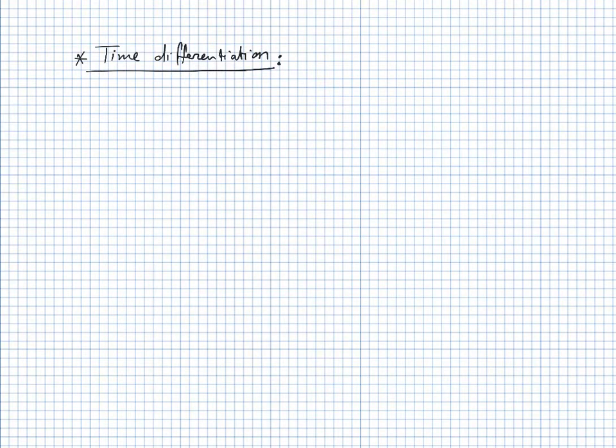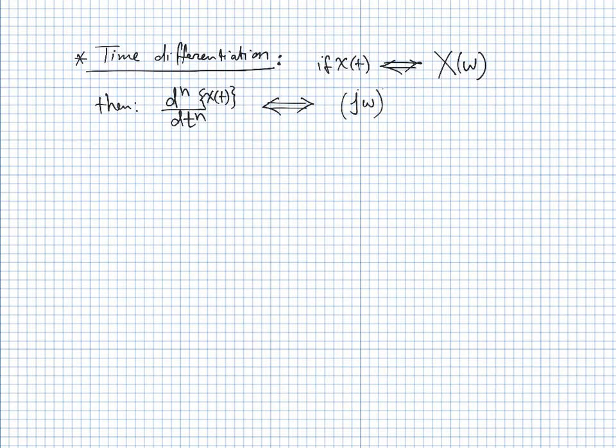And again, if you have x of t, which has a Fourier transform, capital X of omega, then okay, if you take the nth derivative with respect to time of x of t, then the corresponding change in the frequency domain is going to be multiplication by j omega to the power n of the Fourier transform. Sorry, not capital F, capital X.